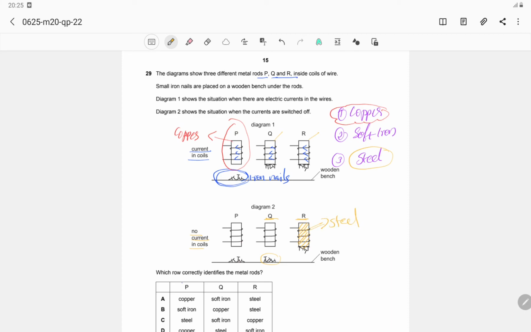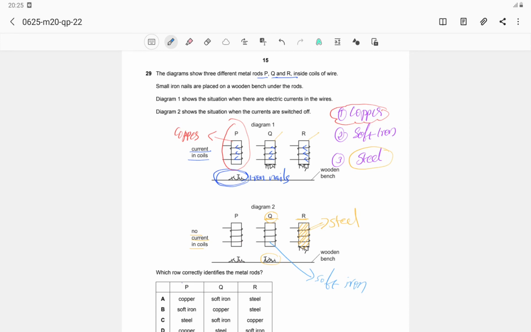Now look at Q, because the moment the current is switched off, it loses its magnetic property. That is the property of soft iron, because soft iron can easily magnetize and easily demagnetize. So when there was a current, Q was magnetized, but the moment we switched off the current, Q demagnetized at once.